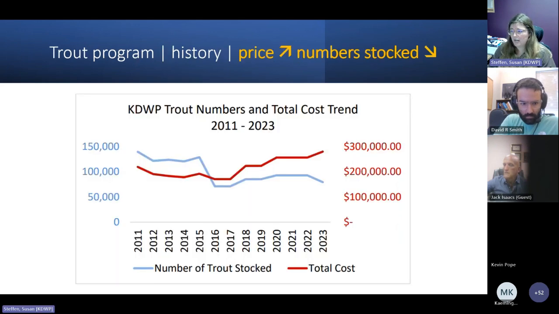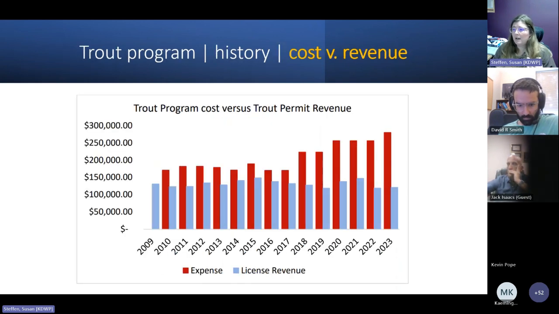And here's a trend of the number of trout stocked versus cost. We had this inflection point between 2015 and 2016, where the cost just started to go up astronomically. This chart of expenses versus revenue shows this program was never self-sustaining.